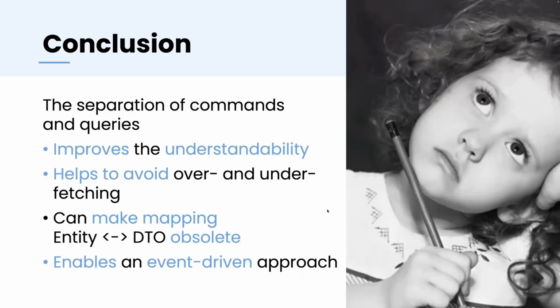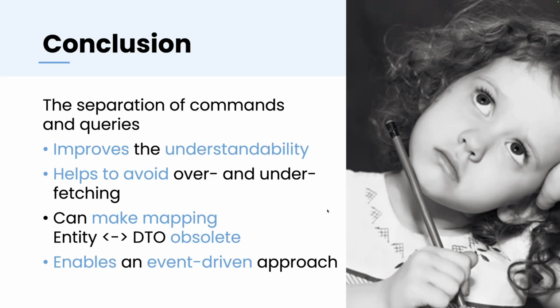So to conclude, first of all, in my opinion, the separation of commands and query helps to improve the understandability, not only on the server side, but also on the client side. So you will see this if you create your access code in the client, for example, from an open API definition, you will also find these commands on the client side.